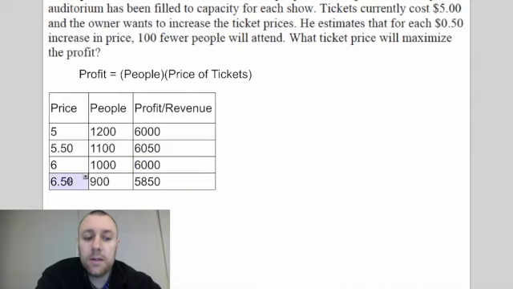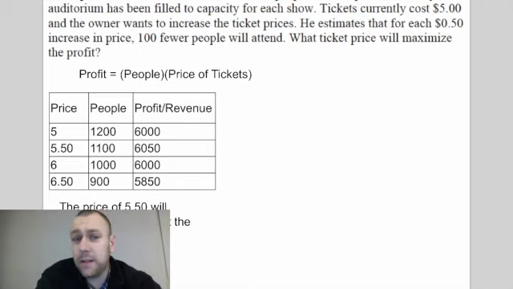And if you increase it even more, less people come, which means you're making less money. So you notice that this row right here, this price at $5.50, actually maximizes the profit. So that's the price that they should keep it.